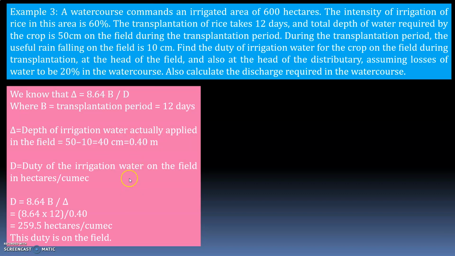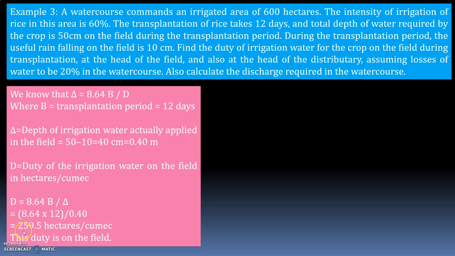Now duty of irrigation water on the field is in hectares per cumec. Okay, now we have formula. Duty is equal to 8.64 B divided by delta. So 8.64 into B is 12 days, 12 divided by delta. Delta is equal to 0.4.